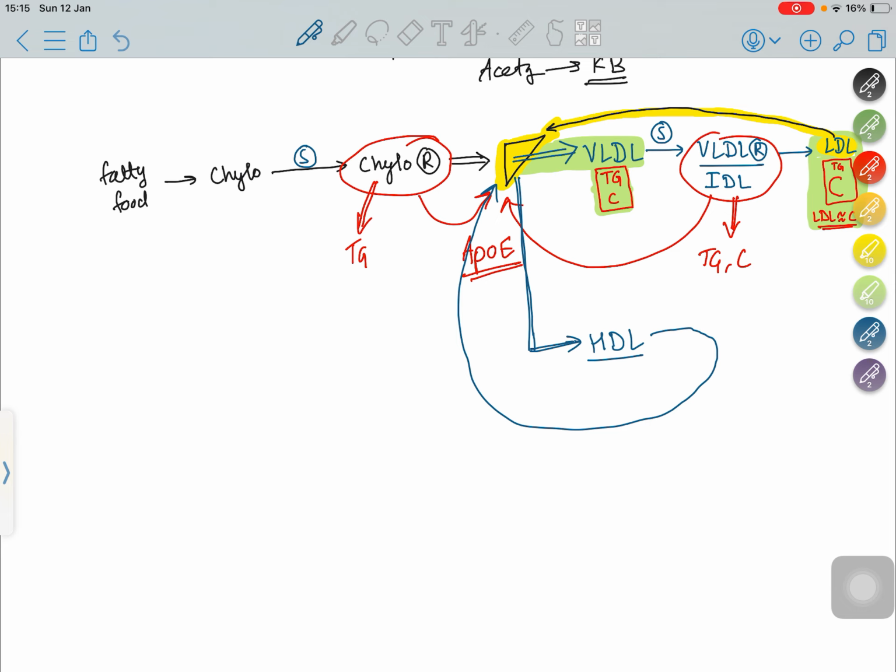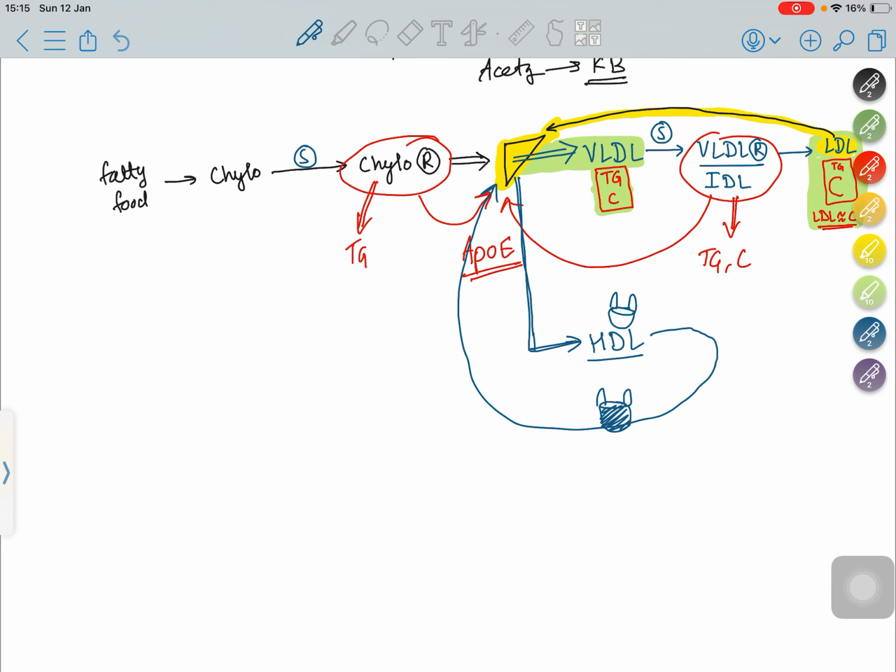It is like going with an empty bag. This is the bag, sorry for my drawing. This is an empty bag and it has to fill it with cholesterol. From where will it bring cholesterol? From the blood vessels, from the cells. It will bring cholesterol back to the liver.